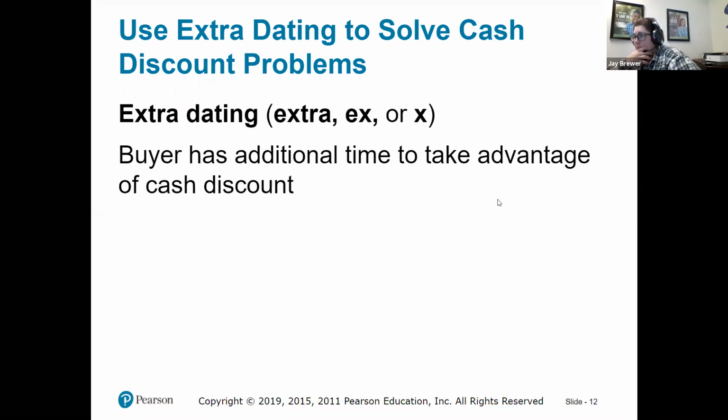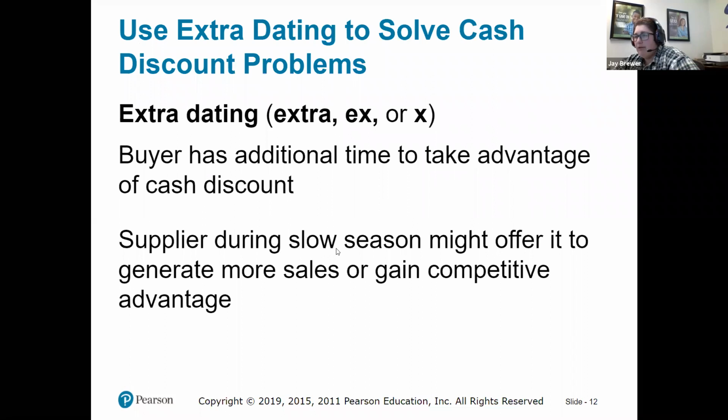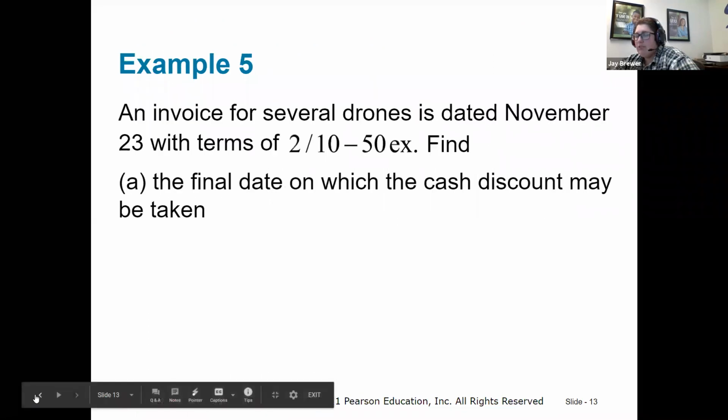Extra dating: the buyer has additional time to take advantage of the cash discount. A supplier during slow season might offer it to generate more sales or gain competitive advantage. What's a good example of that?